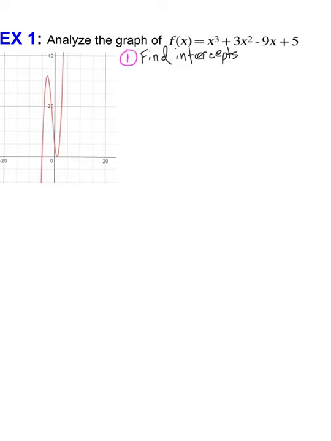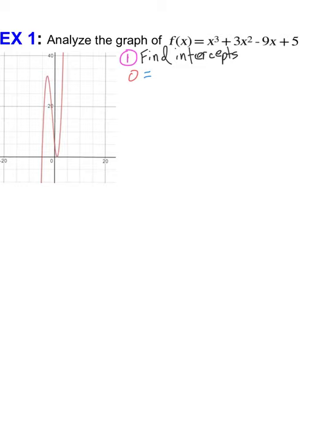But in this day and age, we full well know that we have use of a calculator, so we're going to use both at the same time. To find my intercepts, I need to look at the factored form. So I'm going to start by setting f of x equal to 0 and putting this into factored form.